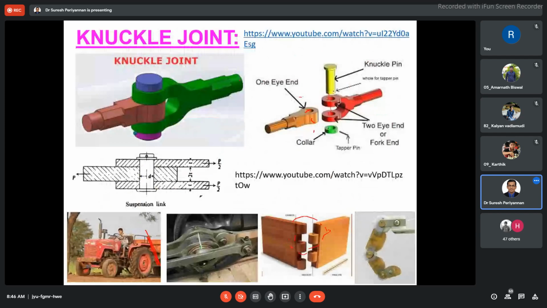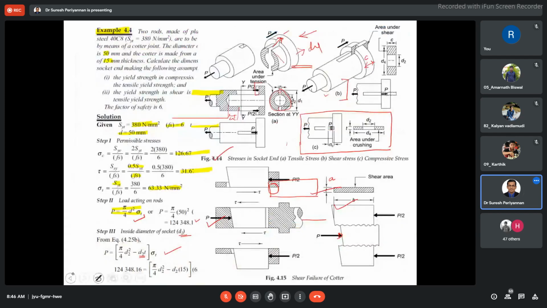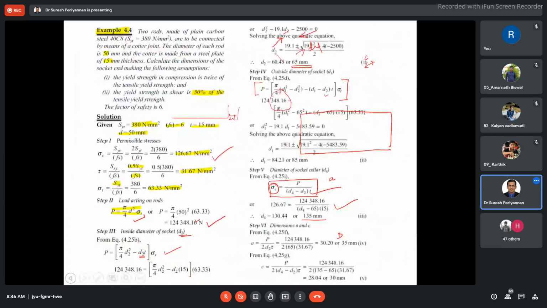Now we would like to find the dimensions of A and C in the collar. What is the shear acting in the collar?